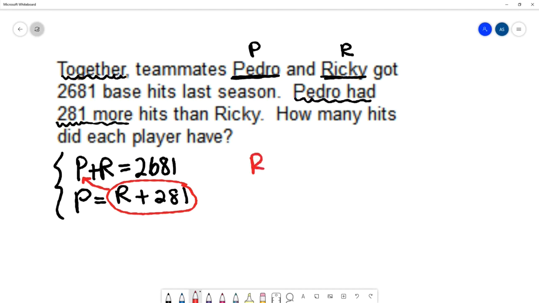So I have R plus 281 plus R equals 2,681. R plus R is 2R.